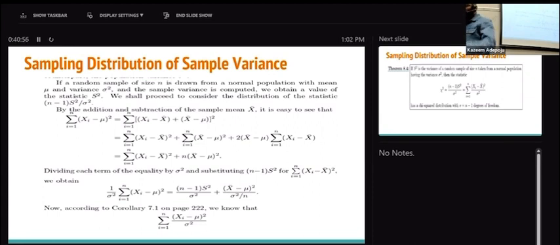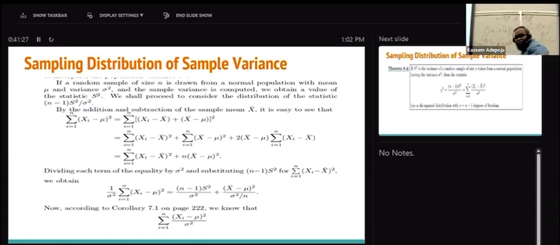Can you see that? And we know from what we've done before, when I have x minus mu over sigma, it is z, right? When I square z, it is this one squared.